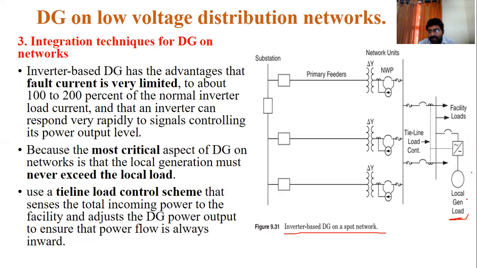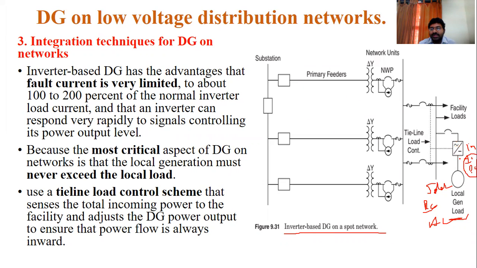Nothing but we are connecting a DC to the AC network, a solar type of network for our assumption. Here this is the inverter, some AC to DC or DC to AC inverter.